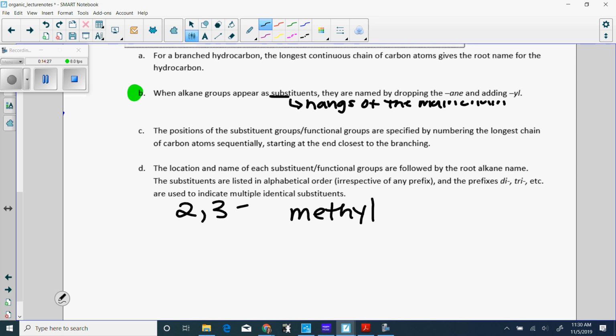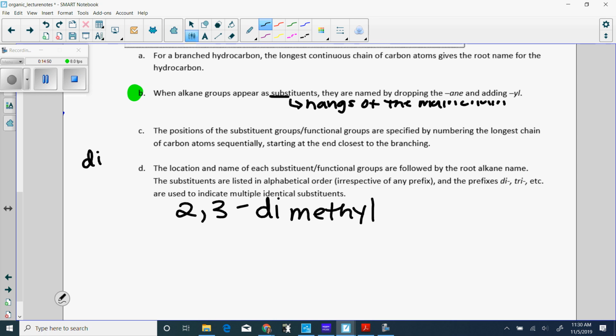Did you catch that? If it's a substituent, like it's highlighted in green, you change the ane to an yl, and that just tells the reader that it's a substituent, it's not the main chain. Since they are the same thing, they are twins, it's a dimethyl.